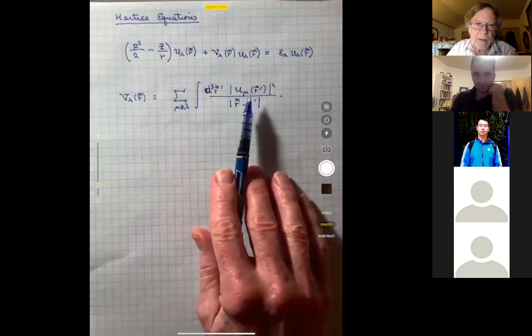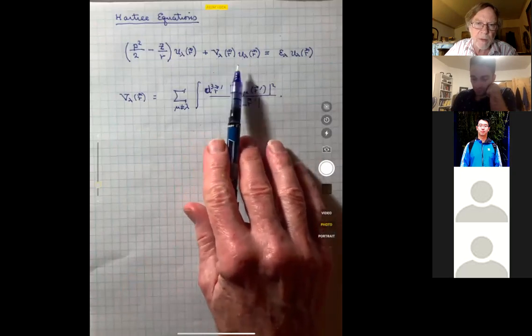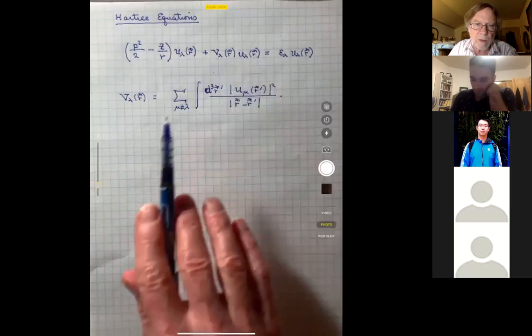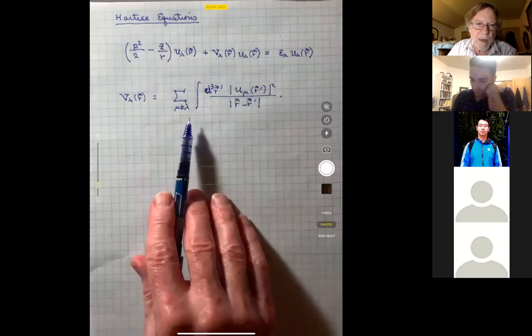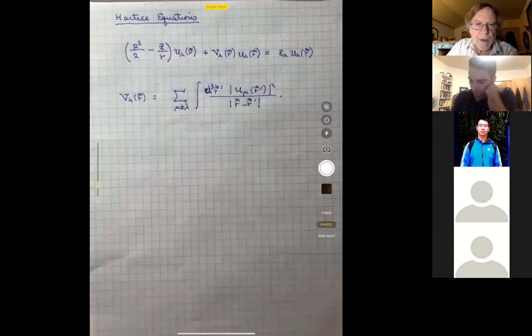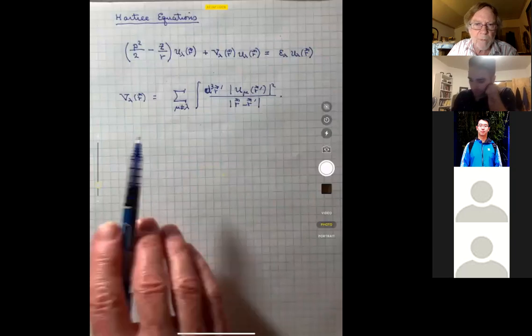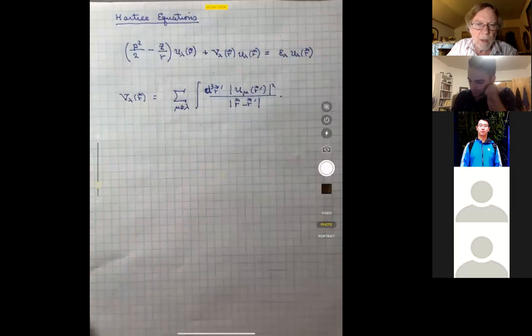In fact, it's quadratic in the orbitals, and therefore this term is really cubic in the orbitals. And so these are the Hartree equations, and they are mathematically rather complicated. They amount to a system of coupled integral differential equations for the unknown orbitals u lambda or u mu, ranging from lambda equals 1 up to n.